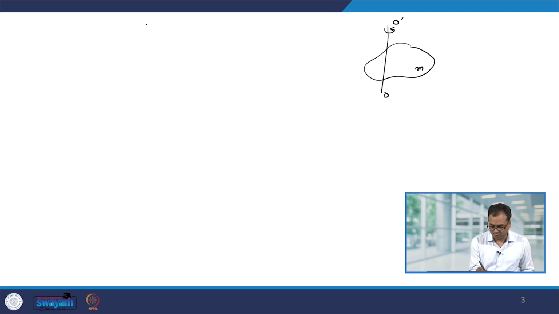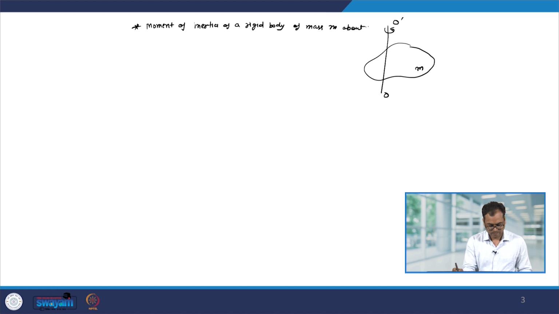Then the moment of inertia of a rigid body of mass m about an axis, say O prime, is defined as I equal to integral r square dm.